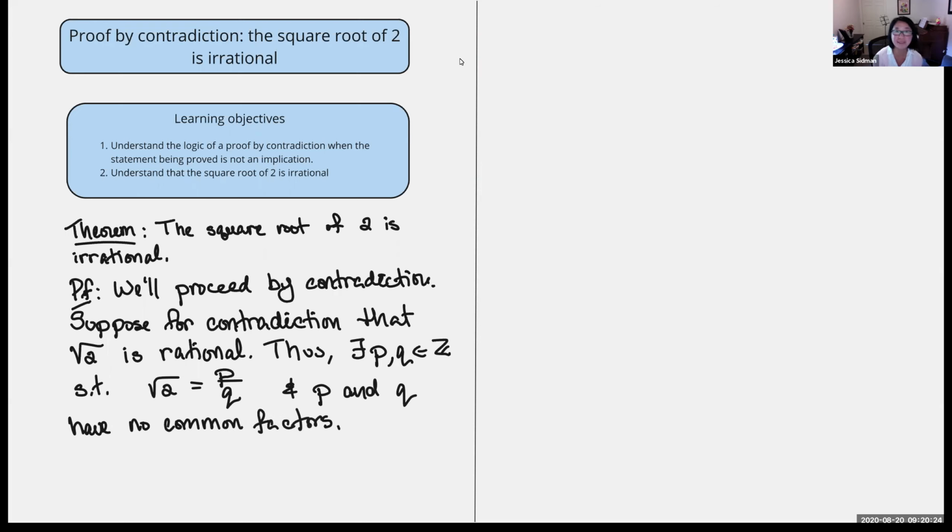So in other words, we've written this fraction in lowest terms. Okay, we've taken all the common factors out of p and q.